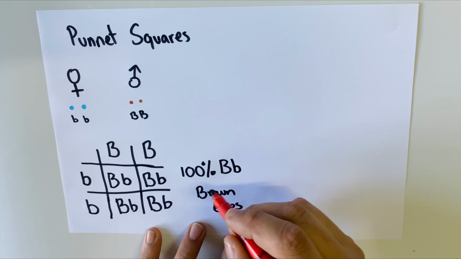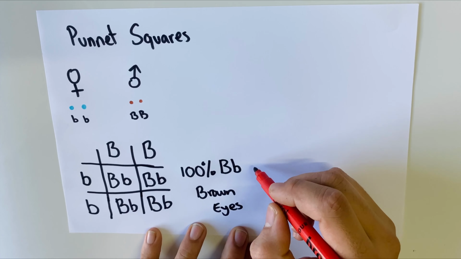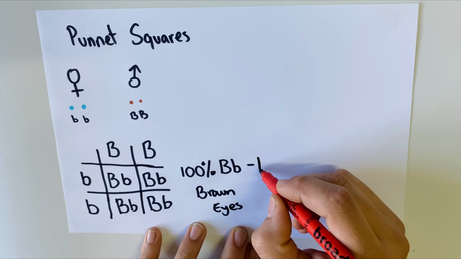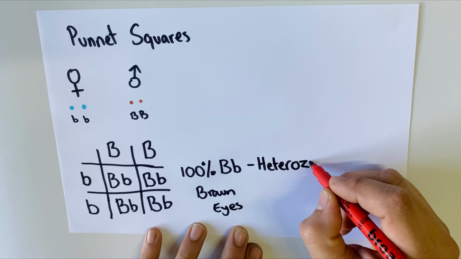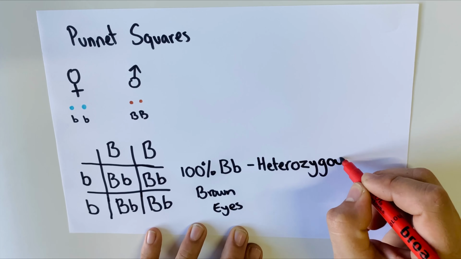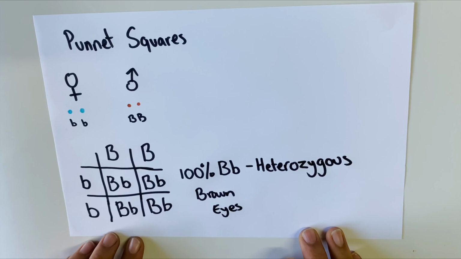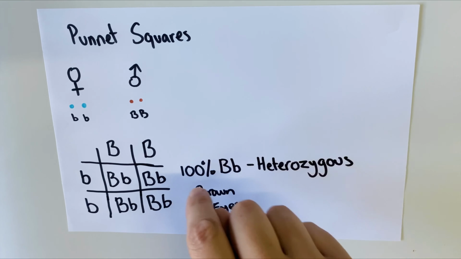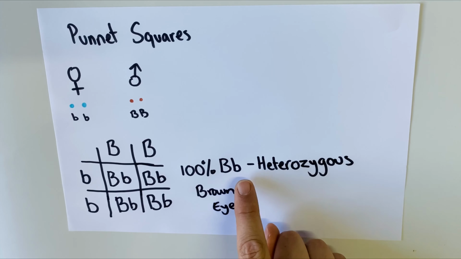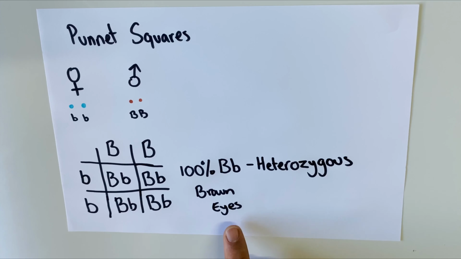Now we also know they're going to be capital B, little b, and the term we used for that was heterozygous. So all the offspring in this example are going to be 100% heterozygous, capital B, little b, and they're all going to have the phenotype brown eyes.